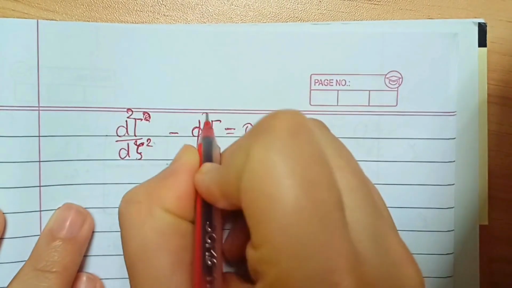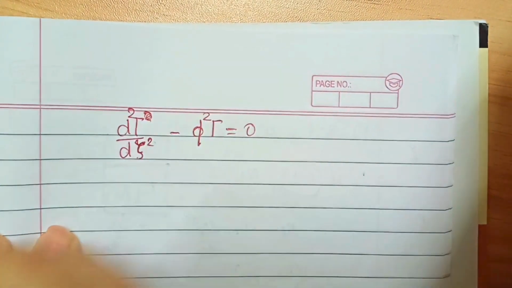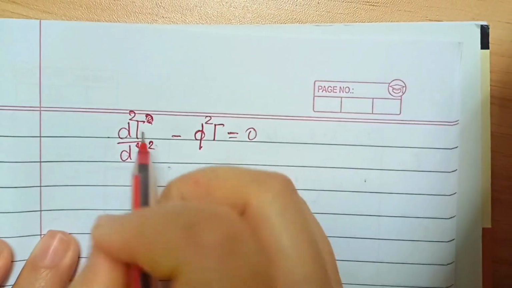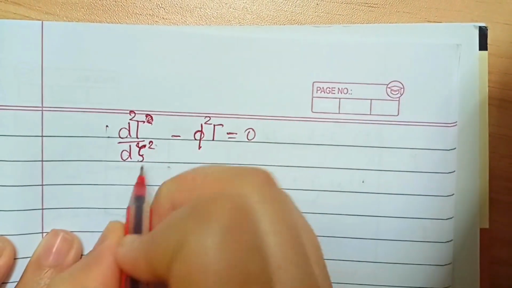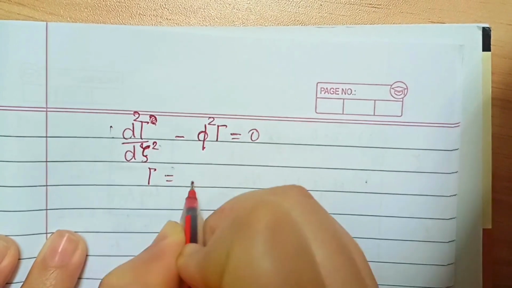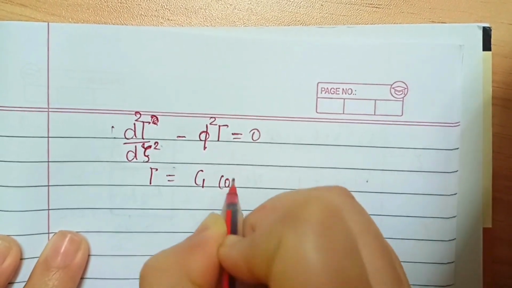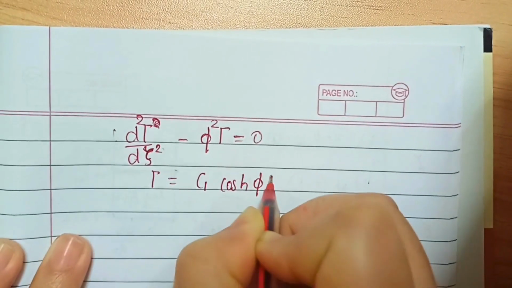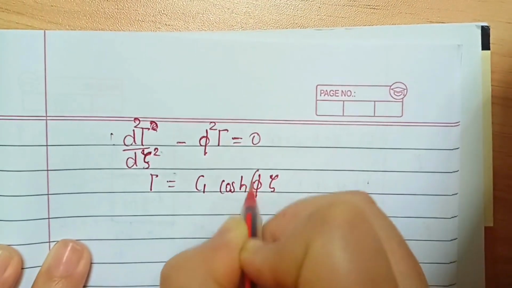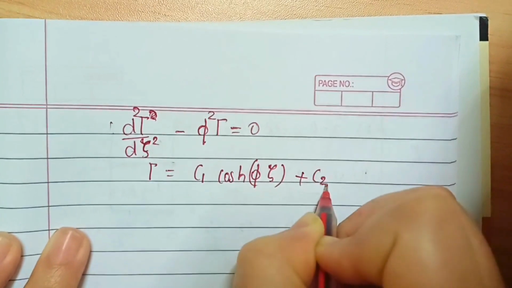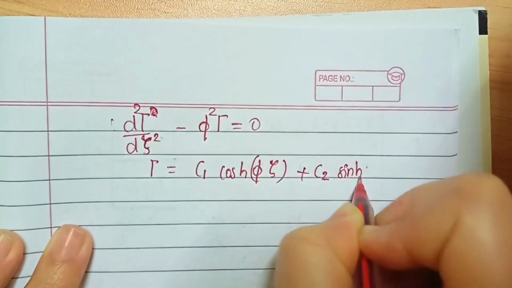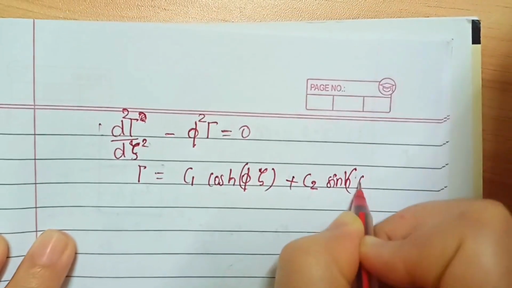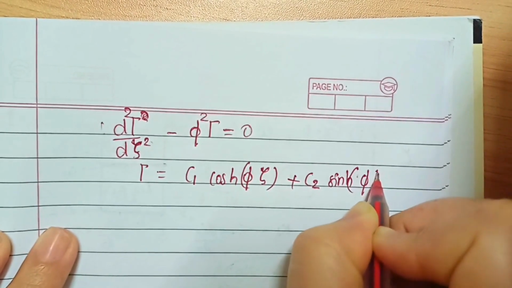So it is square, by the way. The general solution of this equation is gamma is equal to C1 cosh phi zeta plus C2 into sinh phi zeta.